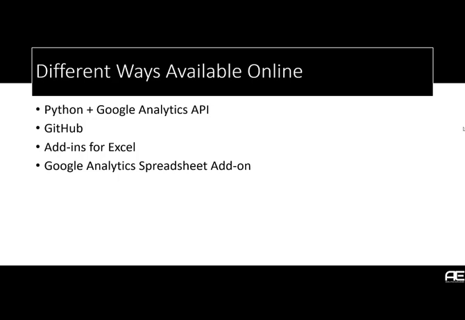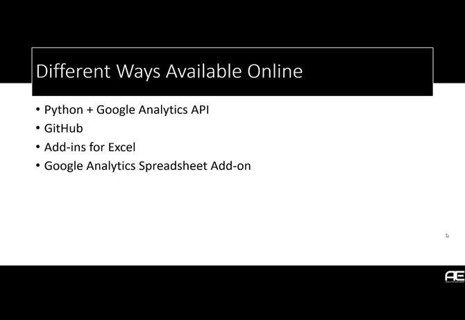On GitHub, also you can find different Python scripts which connect to Google Analytics API to download more than 5,000 rows. A much easier UI-based solution could be using different Excel add-ins which connect and fetch data from Google Analytics. Well, there are limitations to this solution as well.